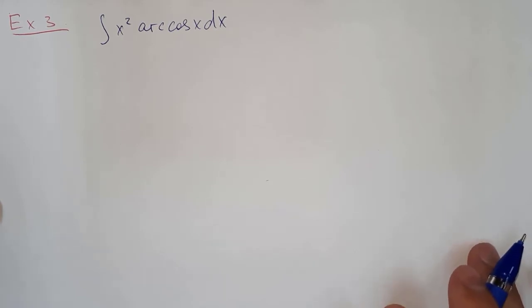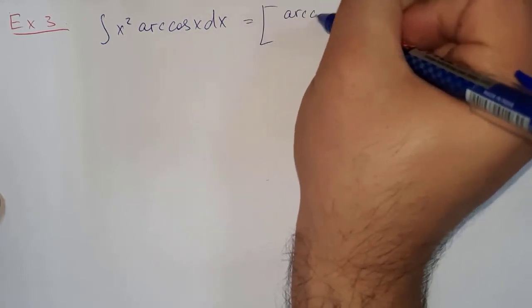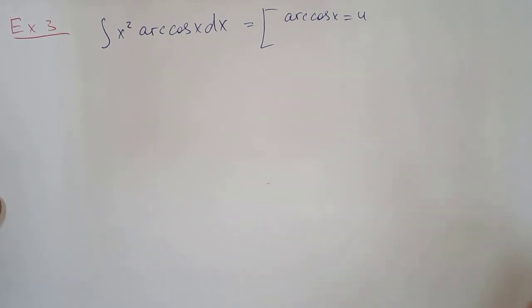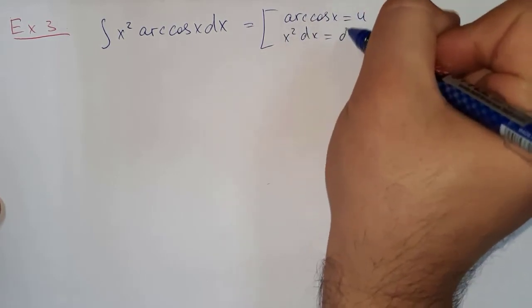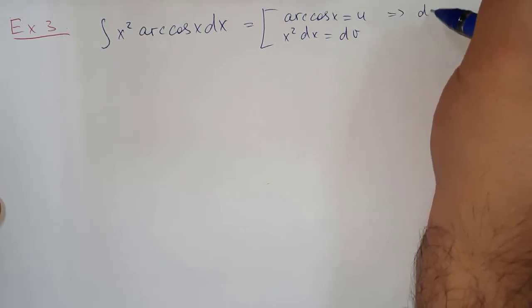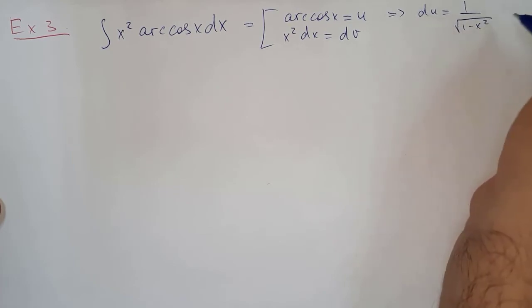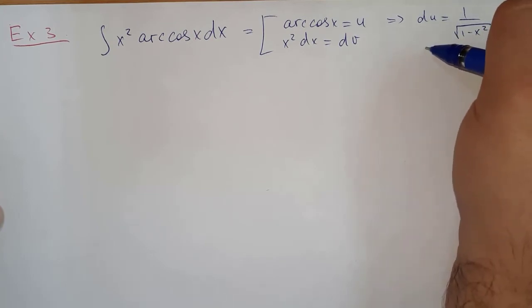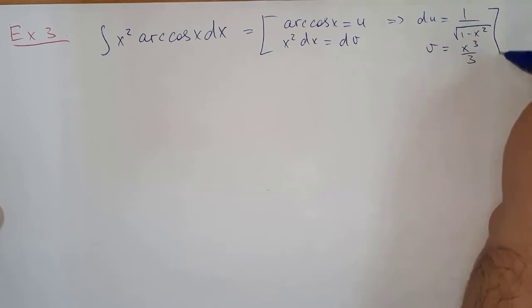In our case, arc cosine x will be u, and x squared dx is dv. Hence du is 1 over the square root of 1 minus x squared, and v is x cubed over 3.